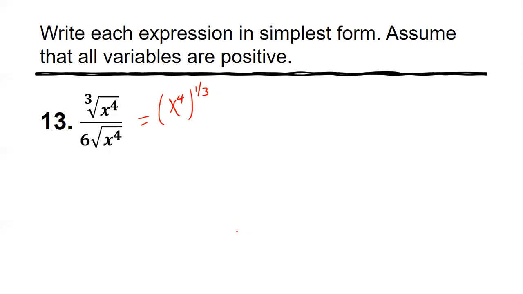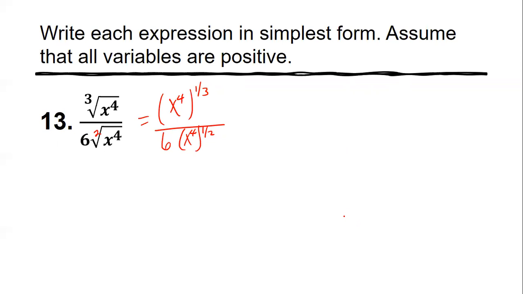Do we see that? Here, I have a 6. If there's no index here, what does it mean the index is? It means it's a 2. If there's nothing there, that means the index is a 2. So this becomes x to the 4 to the 1/2.